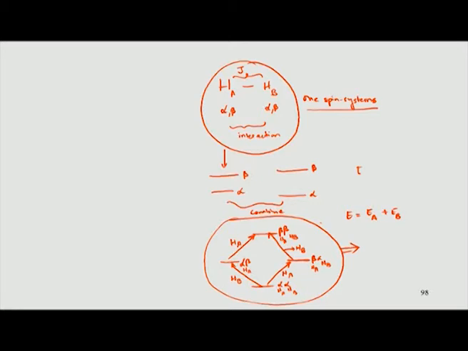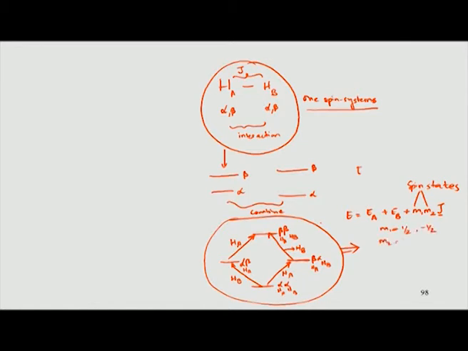But in case of J coupling, we have to add one more term which we write as M1 M2 J, where J is the J coupling value between the two atoms. These M1 and M2 are the spin states. M1 can be equal to half or it can be minus half.